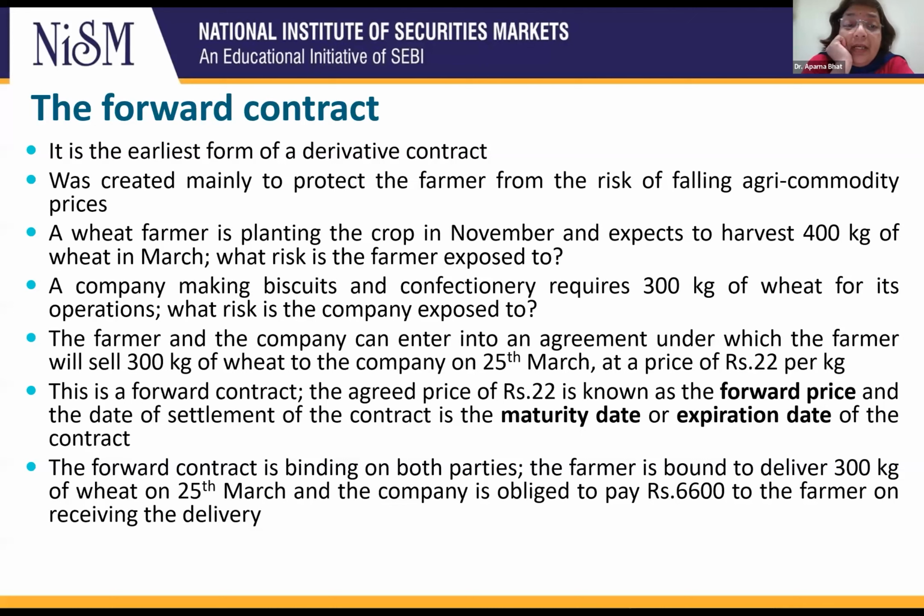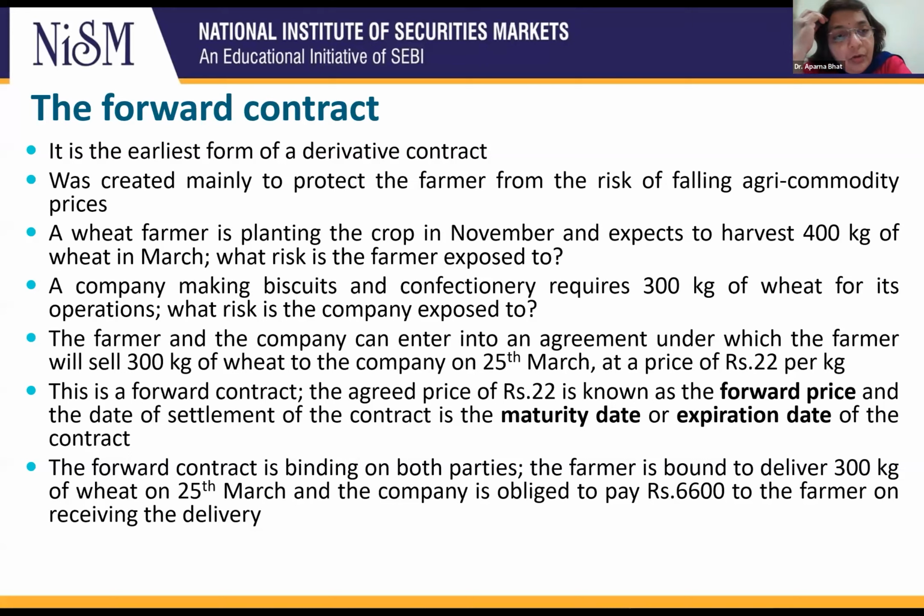But many times the opposite can also happen. When there is a bumper crop of some commodity, the prices of that food grain come crashing down. Then the farmer has to sell at a very low price, and he's not even able to recover his cost of seeds and the cost of tilling the land and everything.